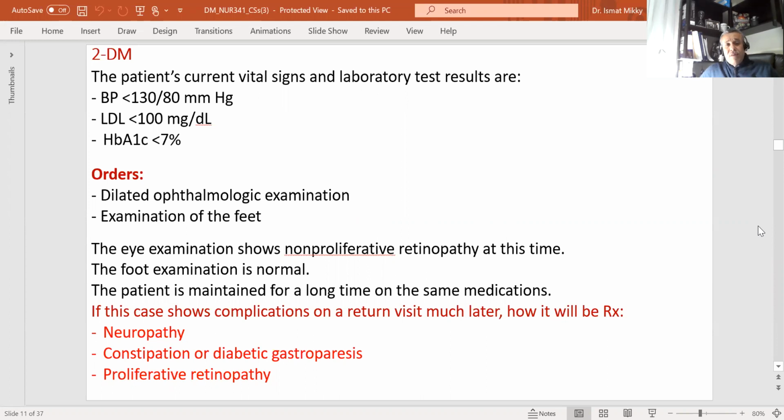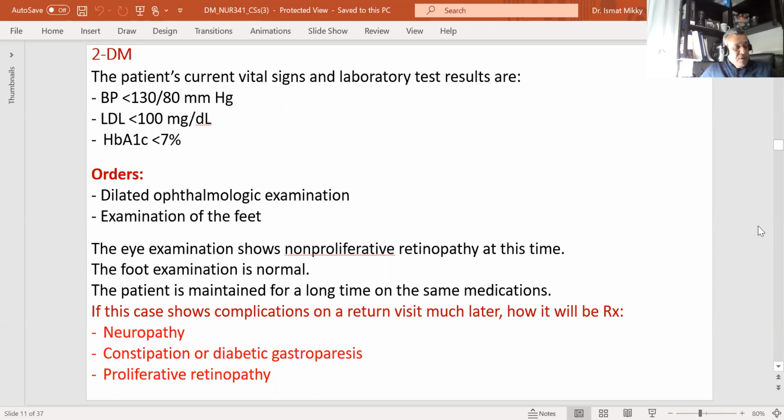So when the patient develops long-term complications from diabetes like neuropathy, they will be treated with gabapentin, which is Neurontin. If they develop constipation or diabetic gastroparesis, which is slowing motility of the stomach and intestine, the patient will be started on metoclopramide.